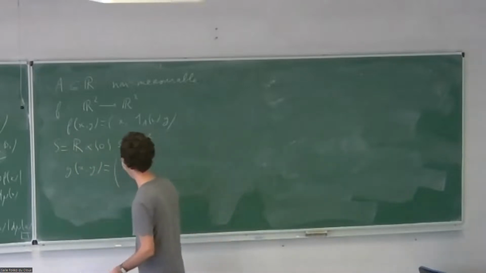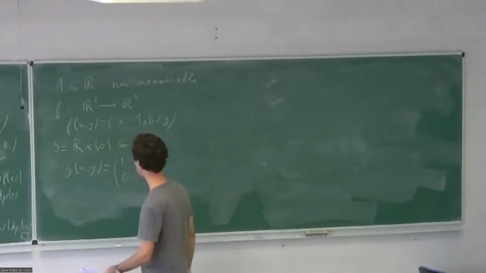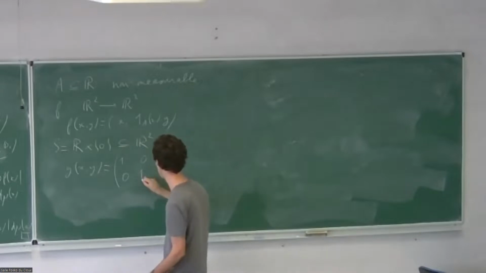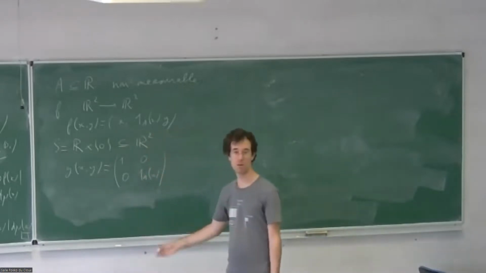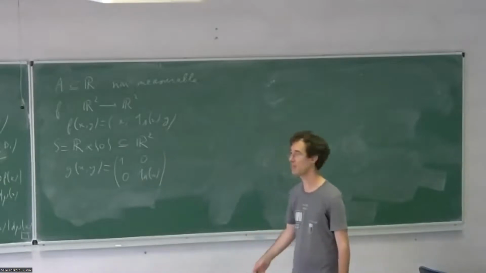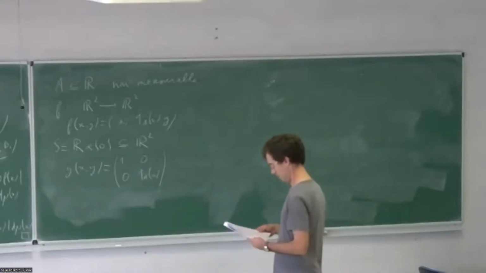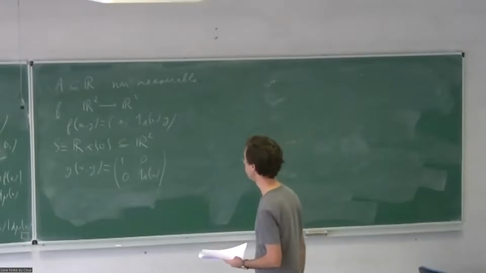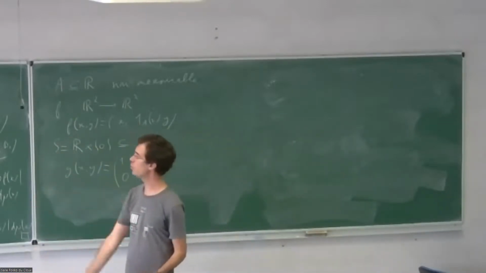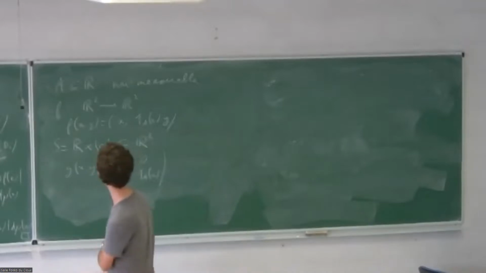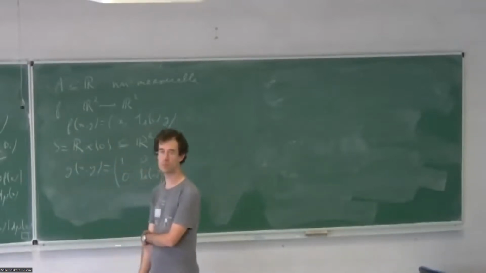Let me take 1, 0, 0, and it's not very important here, but say 1_A of x. A matrix that only depends on the x coordinate. Let's see the theorem apply. Well, the line is already measurable.